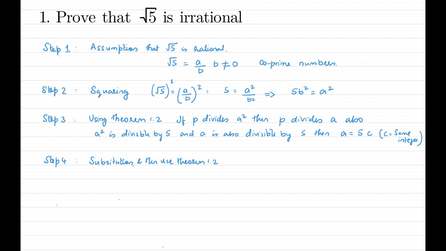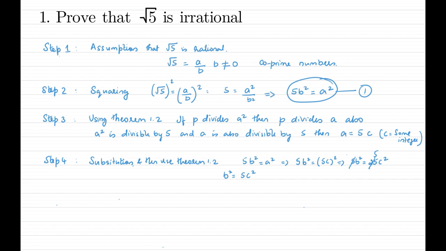Substitution means we substitute a is equal to 5c in this one: 5b square is equal to a square. This implies 5b square is equal to 5c the whole square. That is 5b square is equal to 25c square, or b square will be equal to 5c square.